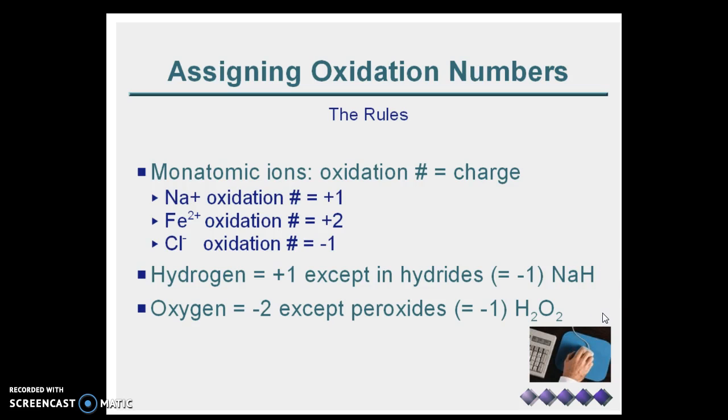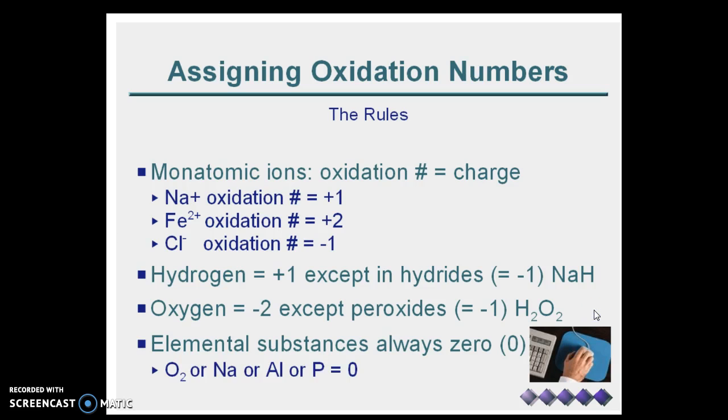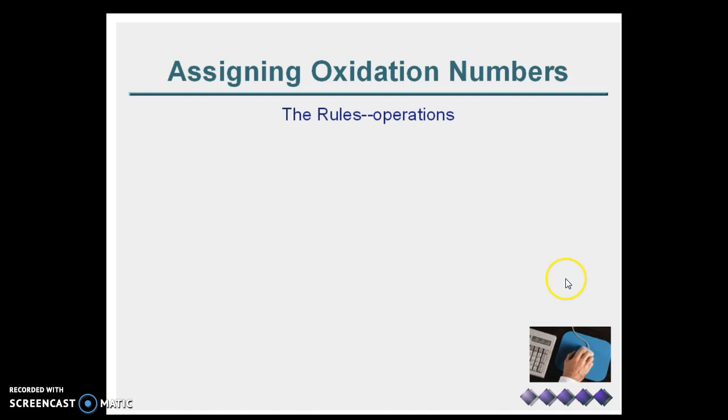Oxygen is -2 except in the rare cases when we treat them as peroxides, as in hydrogen peroxide here. And elements are always 0. That's very important. So, oxygen gas, O2, or sodium metal, or aluminum metal, or phosphorus nonmetal is 0.